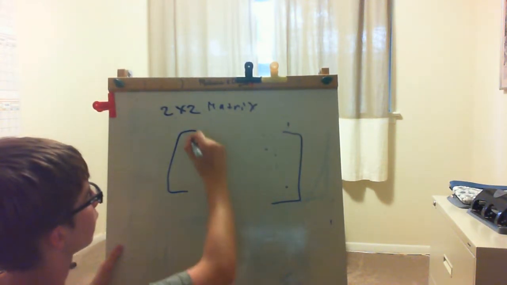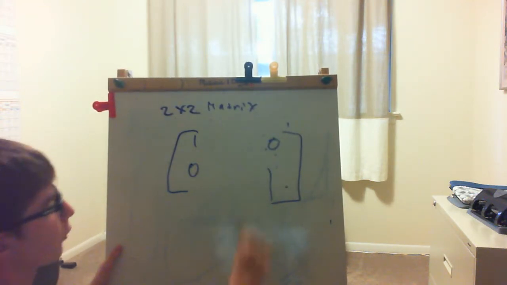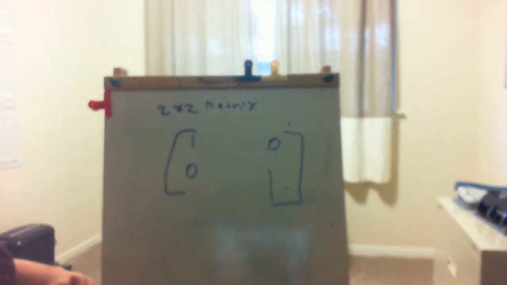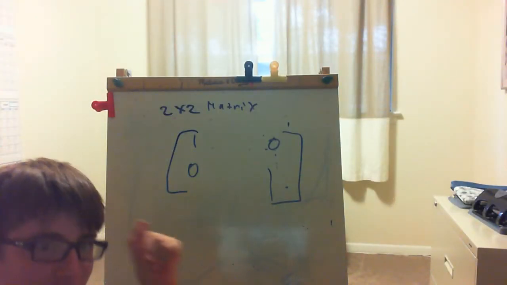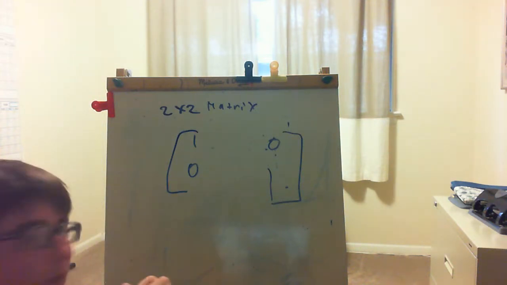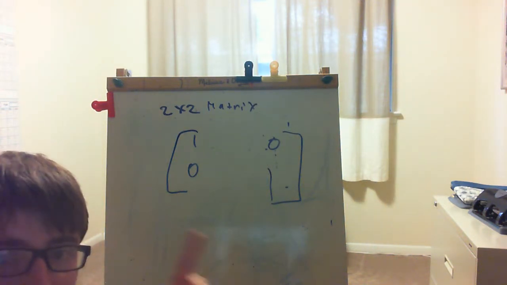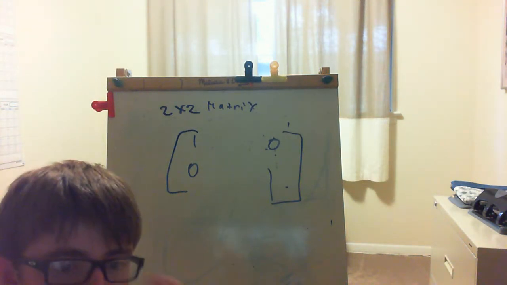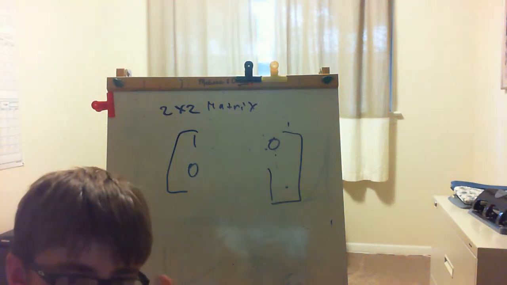So the identity matrix for 2 by 2 would be 1, 0, 0, 1, because there are ones going across the diagonal, and they're going down to the left, never to the right, because that's so easy to get confused.